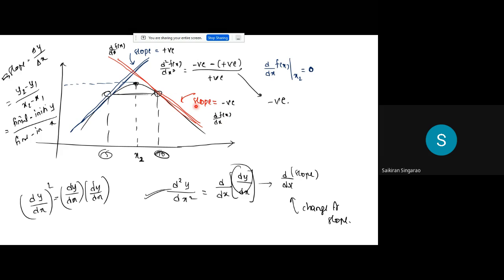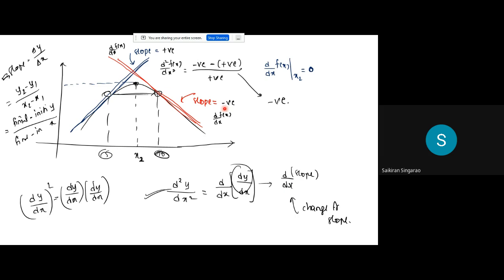Now, I want to find d²f(x) by dx², that is d²y by dx², which is d by dx of dy by dx. That is nothing but change of slope, the differentiation of slope again. So change in slope by change in x: d slope by dx. The d slope is final slope minus initial slope, divided by dx, the change in x.